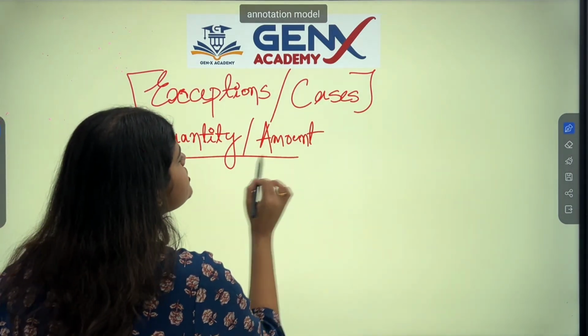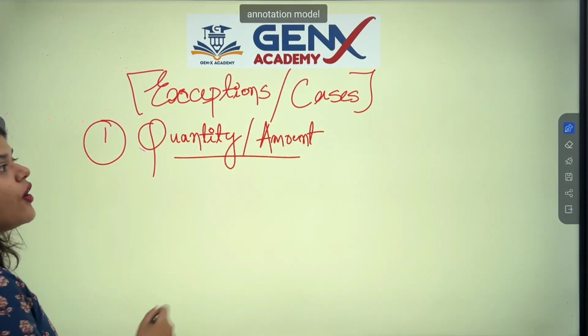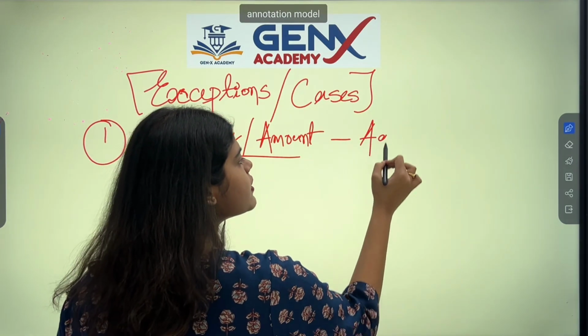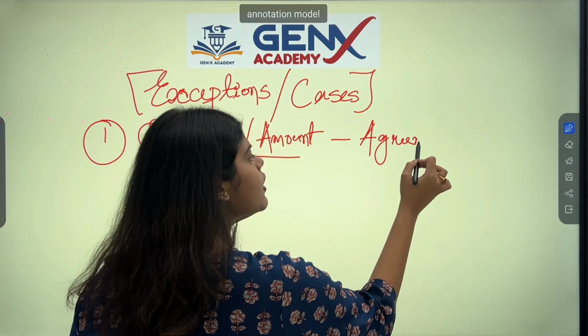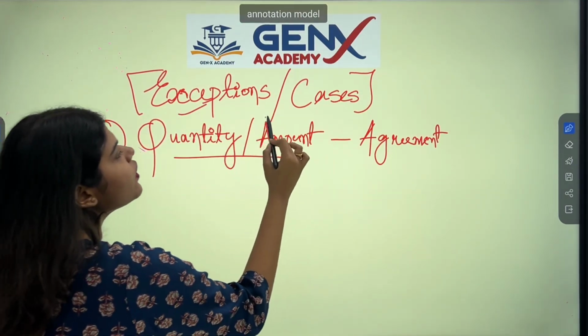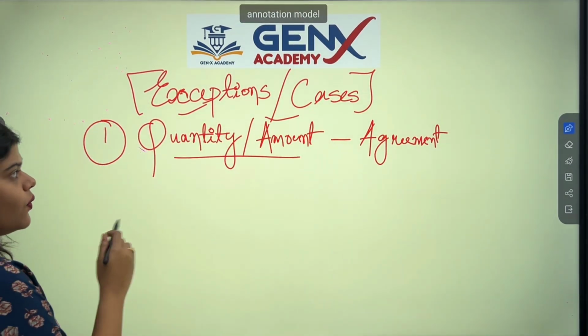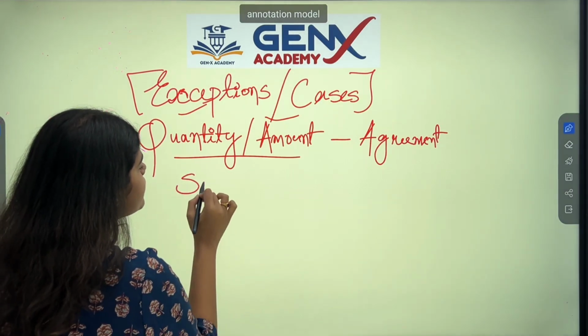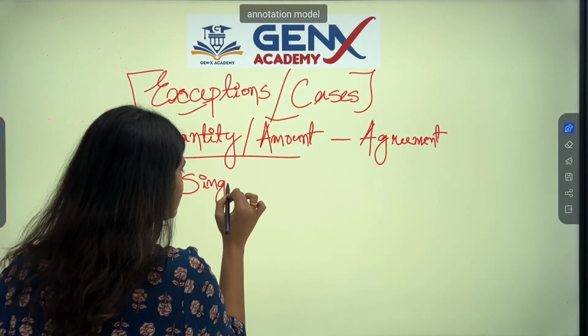So, in a sentence which denotes quantity or amount, what happens there is a singular verb is used.